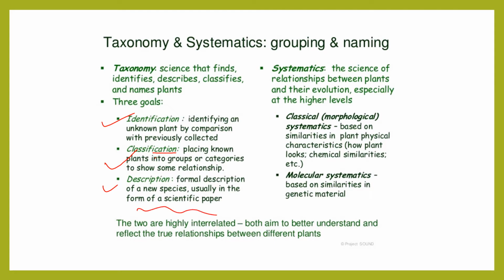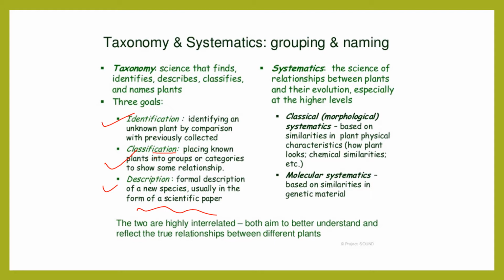Now let's see what you mean by systematics. Systematics is a branch of science that includes the study of similarities and differences among different kinds of organisms. It also includes identification, nomenclature, and classification.